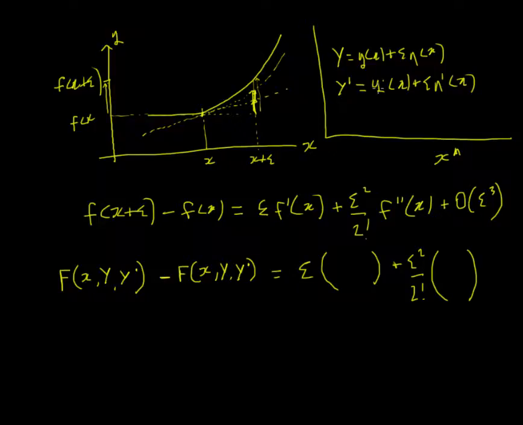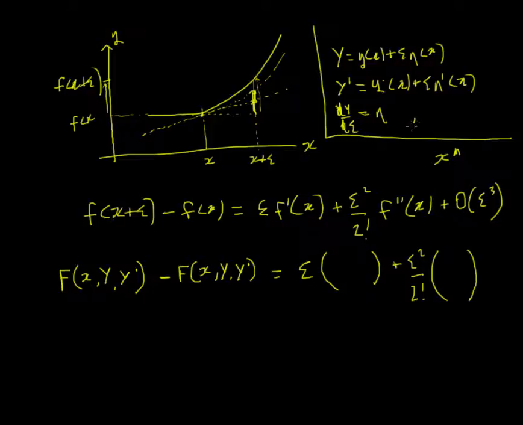So we'd be varying our function by a family of curves eta of x, and the magnitude of the variation would be determined by this value of epsilon. So if we were to then find dY by d epsilon, we differentiate that with respect to epsilon, and we get just our eta.